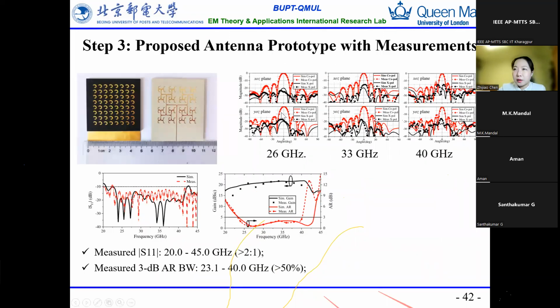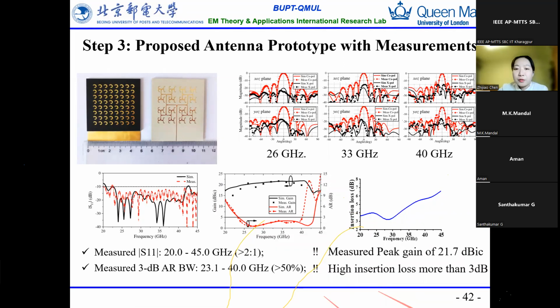For this design, we did the fabrication and verified its performance with more than 2:1 bandwidth and more than 50% axial ratio bandwidth. However, we found a problem because we utilize the microstrip transmission line.